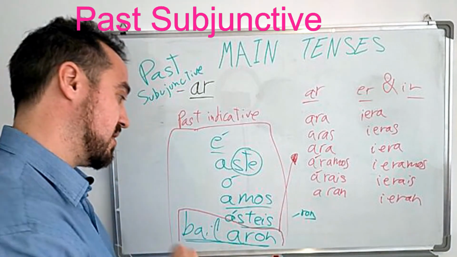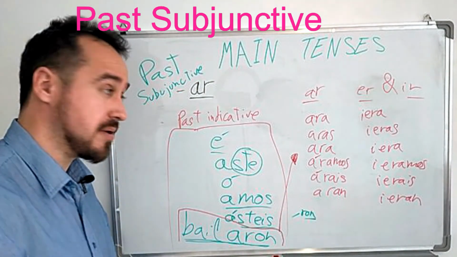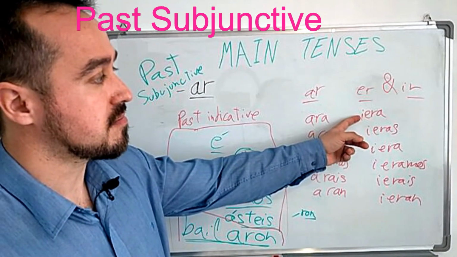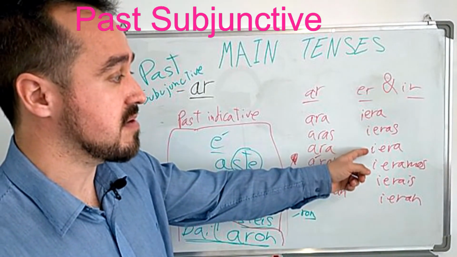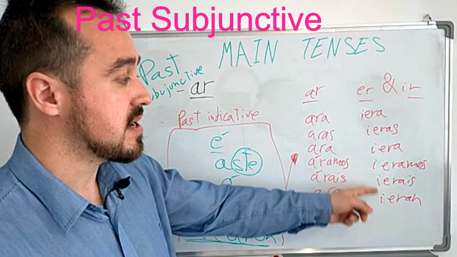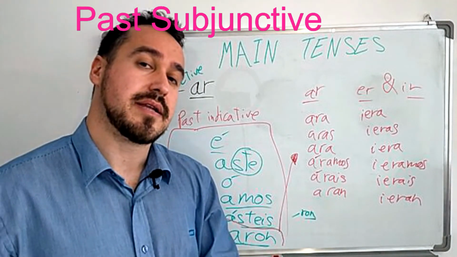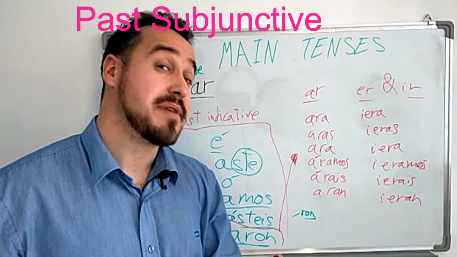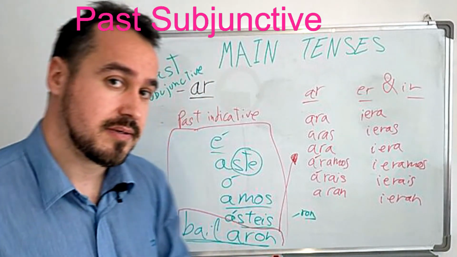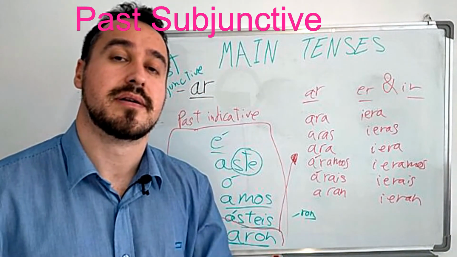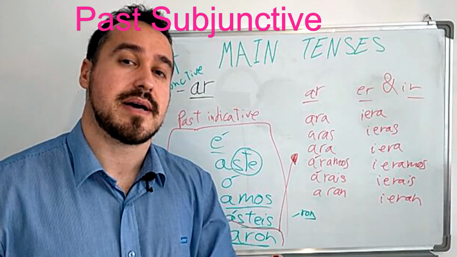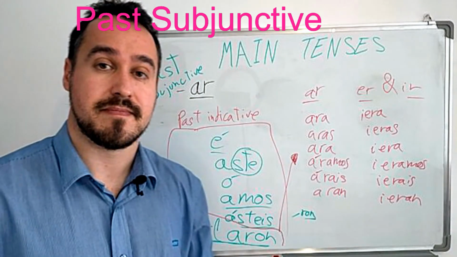They lived in the past, vivieron. Viviera, vivieras, viviera, viviéramos, vivierais, viviera. Okay. Now we're going to do some exercises practicing this. I hope this helped you.